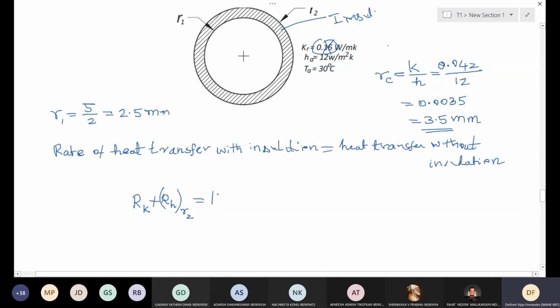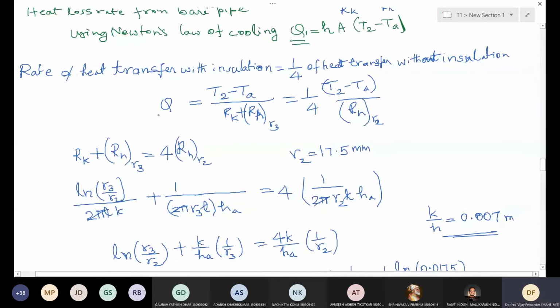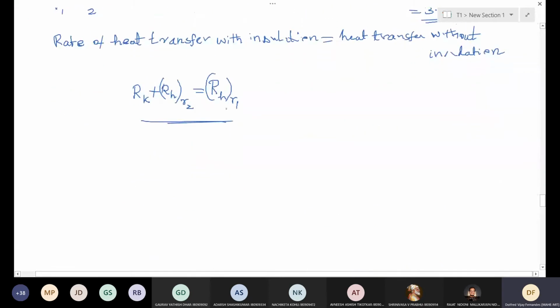In the previous problem it was 4 times, but here it's RH at R1. Same as the bare wire. So you can do it, I think.